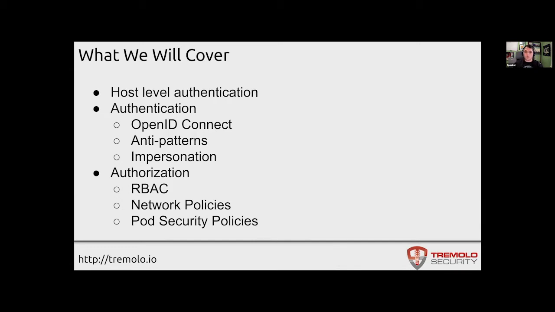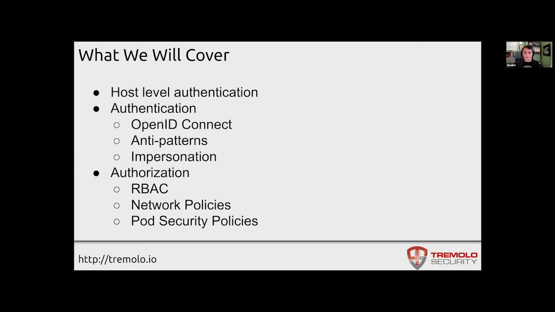So we're going to talk a lot about specifically the OpenID Connect protocol, why it's most likely the one you should be using. We're going to talk about several anti-patterns, for instance, certificate authentication, why you shouldn't be using it. And we'll get into impersonation as well. That's a really interesting use case and one I've really enjoyed using as of late.